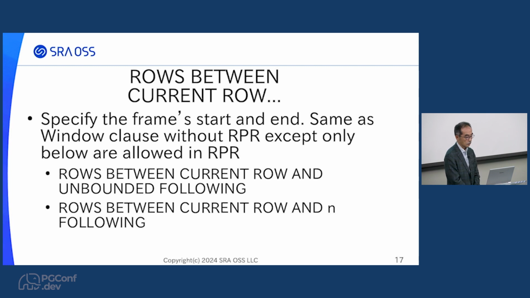The first one is rows between current row and unbounded following. That means the frame must start at the current row and end with the end of the frame. The next one is similar, but finishes at the nth row.